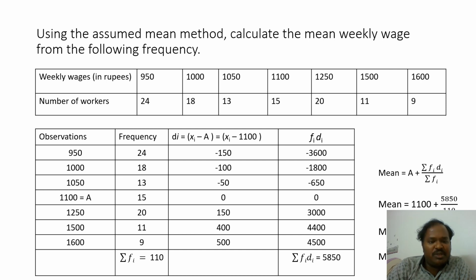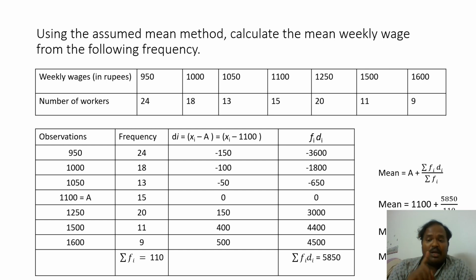I'll explain the first part. The observation is 950. The frequency is 24. But I have chosen 1100 to be the assumed mean. Therefore, I'm checking how much this observation 950 deviates from the value that I have chosen. It is less than the value that I have chosen by 150.